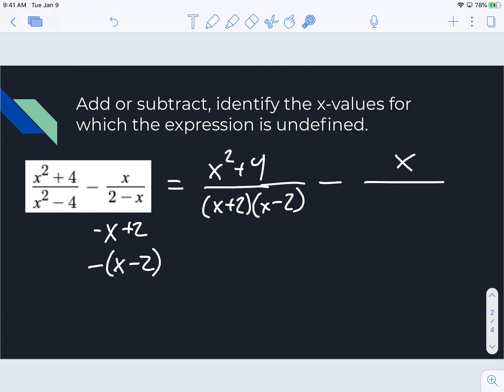Okay, so I'm going to use this version and replace my denominator over here, so negative x minus 2. Now, let's think about that negative that's out in front here. Does it matter if this negative is in the denominator, or would it be the same thing if I moved it to the numerator? Like if I got rid of it there and I moved it here.